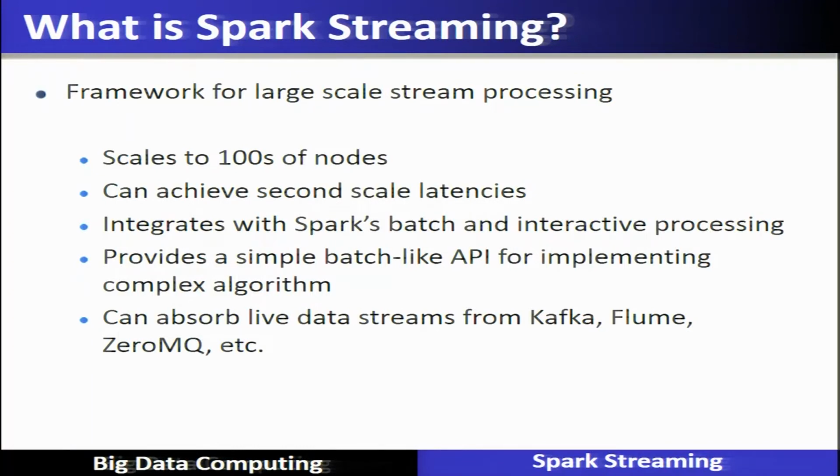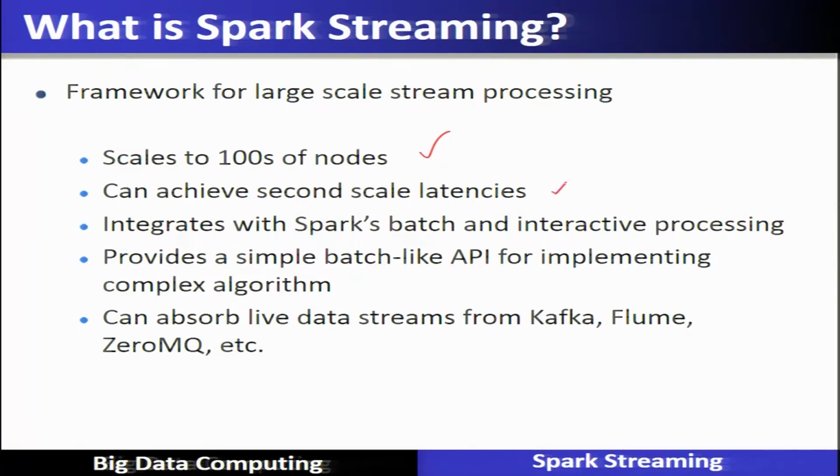So, let us review the Spark streaming framework for large-scale processing of streaming data. It should scale to hundreds and thousands of nodes.